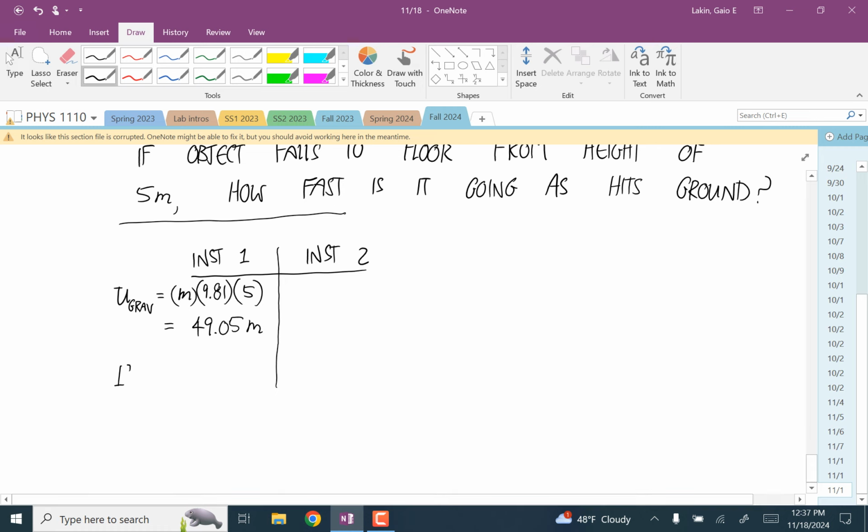And the kinetic energy at the instant that it's dropped is 1/2 times the mass times the speed squared. What's its speed at the instant it's dropped? 0, yep. And so this kinetic energy at the start is equal to 0.